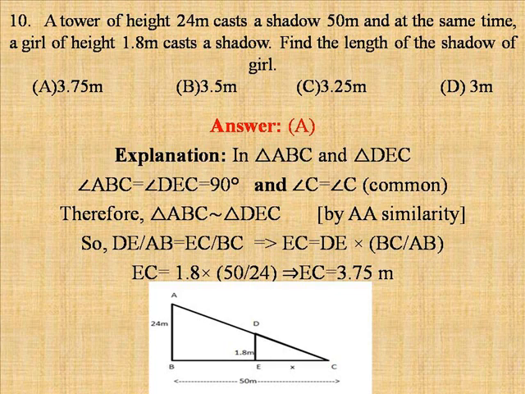So DE by AB equals to EC by BC. So from there we can find EC, that is equal to DE into BC by AB. So by putting the values we are getting EC equals to 3.75 meter. That's the length of the shadow of the girl. So the answer is option A, that is 3.75 meter.